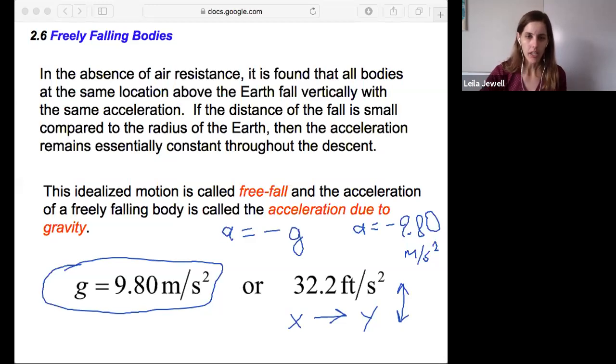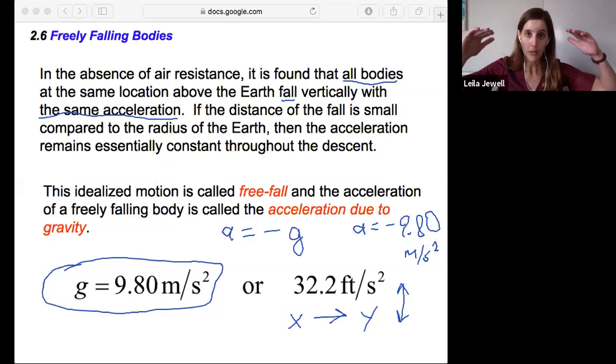Now, I want to highlight for a moment that it says that all bodies fall at the same acceleration. And if you look at the kinematic equations, you'll notice there's nothing involving mass in those equations. So it shouldn't matter. The time should just depend on the location they are above the Earth's surface, and then the acceleration, and the acceleration is apparently the same.